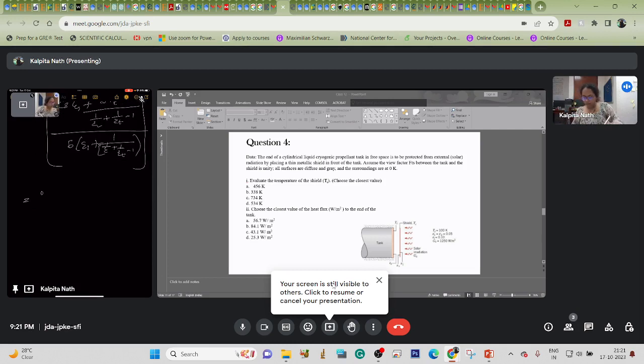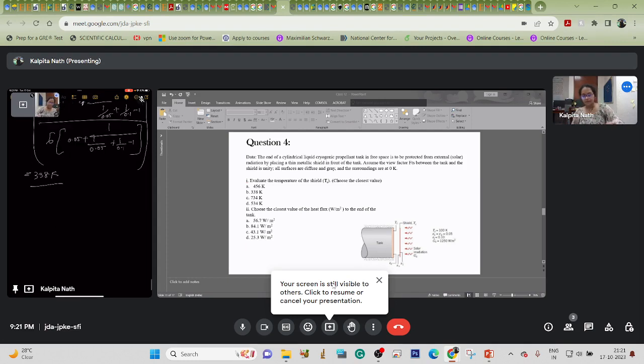So this is 0.05 into 1250 watt per meter square plus sigma 100 to the power 4 upon (1 upon 0.05 plus 1 upon 0.1 minus 1), divided by sigma times (0.05 plus 1 upon (1 upon 0.05 plus 1 upon 0.1 minus 1)). The whole to the power 1 by 4 is equal to 338 Kelvin. So this is the first part.